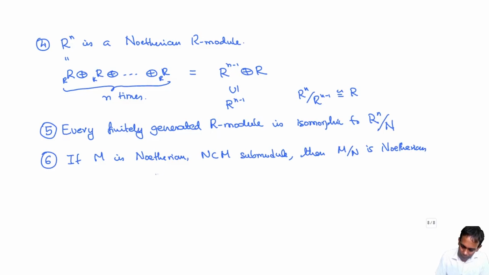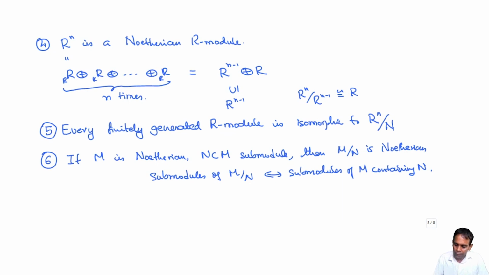This is easy because submodules of M mod N are the same as submodules of M containing N. If you have an increasing chain of submodules of M mod N, then you just take their pre-images in M. That's an increasing chain of submodules containing N. If you have a submodule S here, you just take it to Q inverse of S, where Q is the quotient map from M to M mod N. So the Noetherian condition for M mod N is a special case of the Noetherian condition for M. Just apply it to submodules containing N.